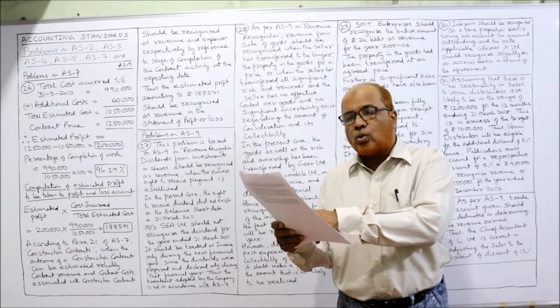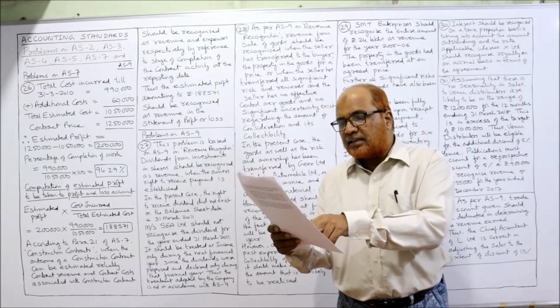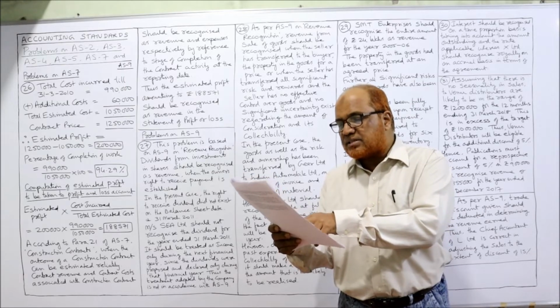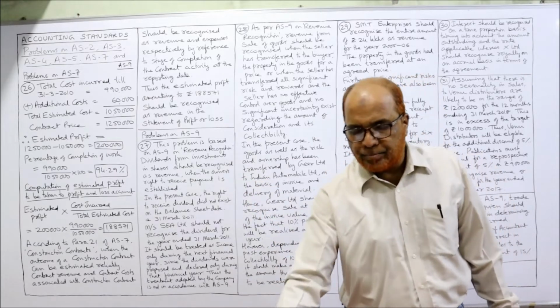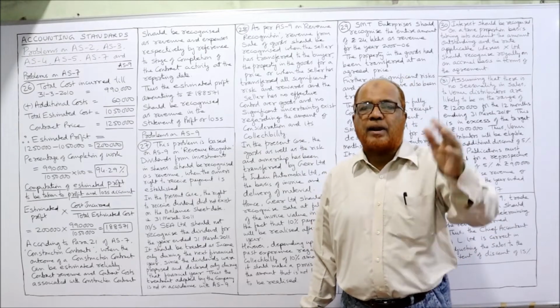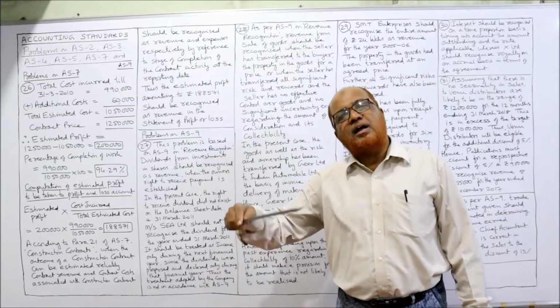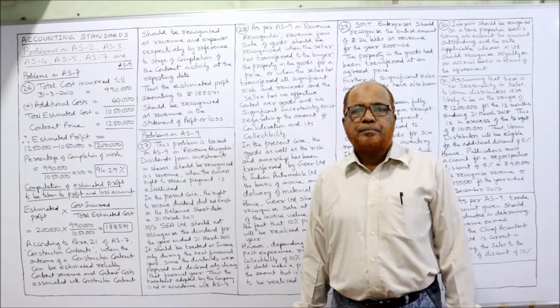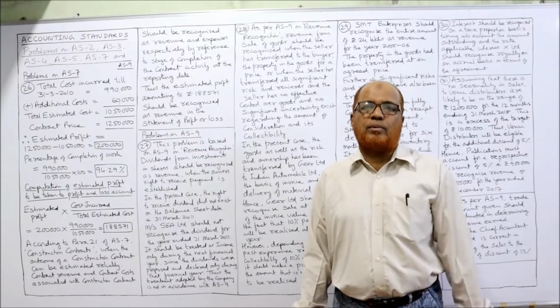Gear Limited accounts only 90% of the invoice value as sale at the time of supply, and the balance 10% is accounted as sale in the year of receipt of payment. So Gear Limited is accounting 90% of goods supplied as revenue, and the 10% will be recognized in the next year. Is it correct or not according to AS 9? That is the problem.